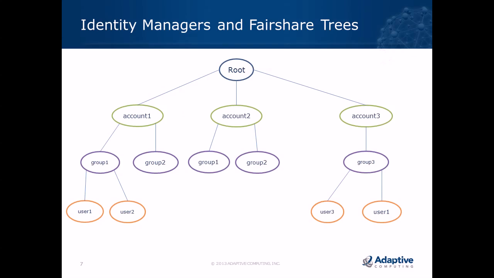Okay, so moving right along with identity managers, we're now going to talk about fairshare trees. The reason that I include these two together is because there are two ways of doing fairshare trees. One of them is in the moab.cfg file, and one of them is using XML inside of the identity manager.